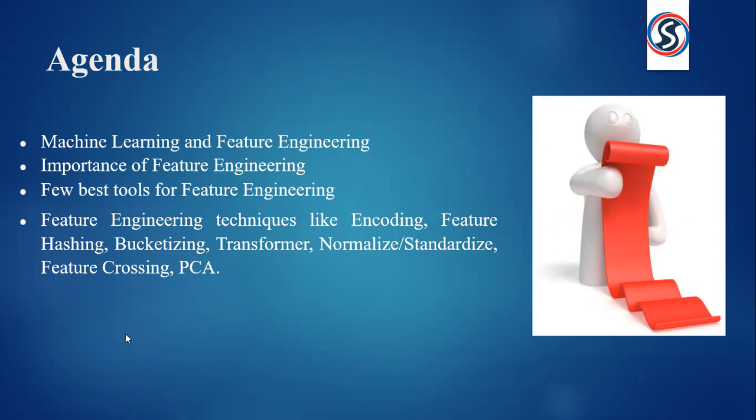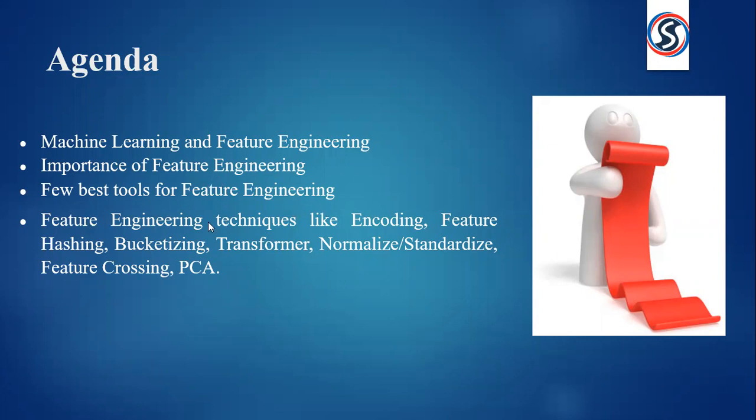The agenda which we started yesterday was what is machine learning and feature engineering. We gave a great explanation on that, and then the importance of feature engineering, and we saw a few best tools for feature engineering.